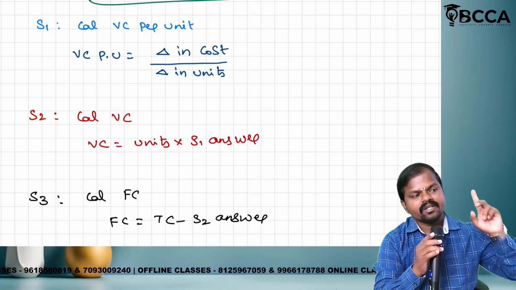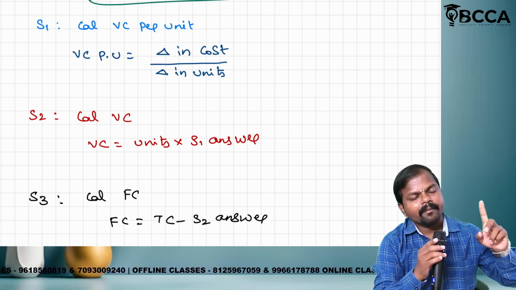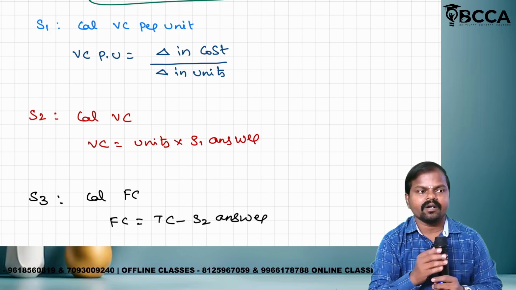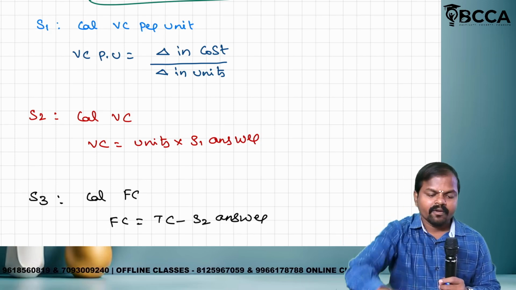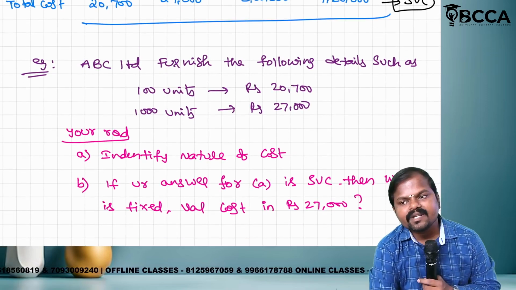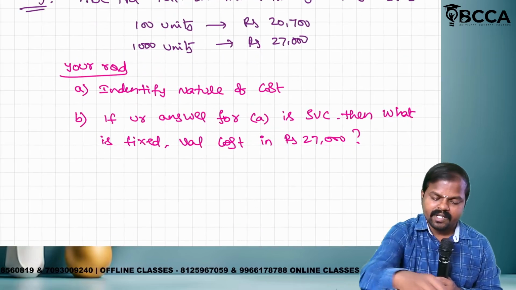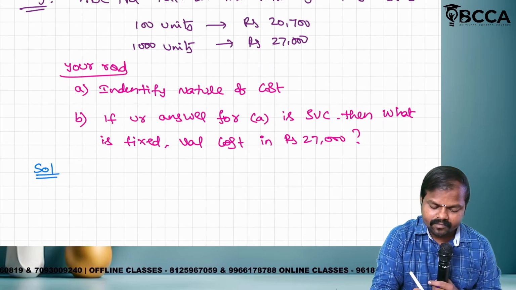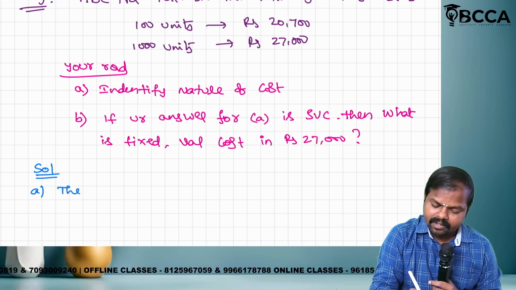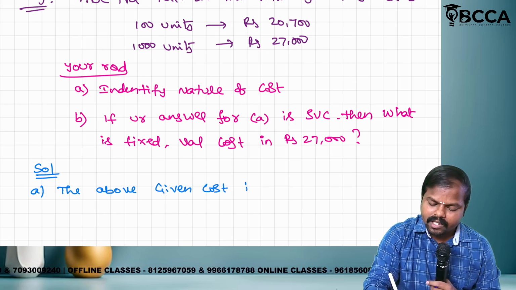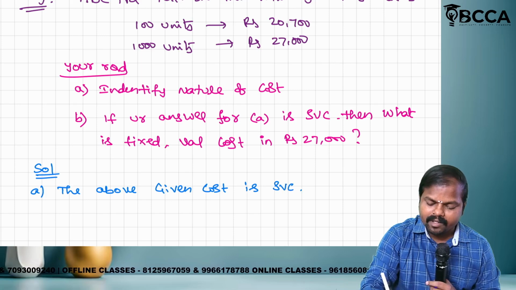Now tell me, how many steps are there for segregation of semi-variable cost? 3 steps. Step number 1, variable cost per unit. Step number 2, variable cost. Step number 3, fixed cost. These 3 steps we will apply in the above question. We will write the solution. Question A: the above given cost is semi-variable cost.